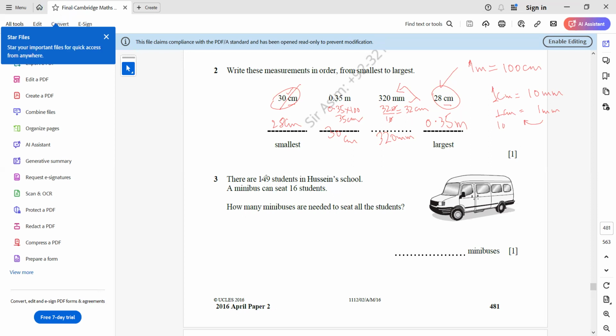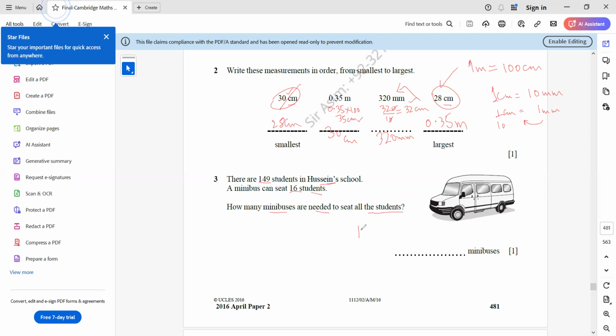There are 149 students in Hussein's school. A minibus can seat 16 students. How many minibuses are needed to seat all the students? So it is just a matter of division.